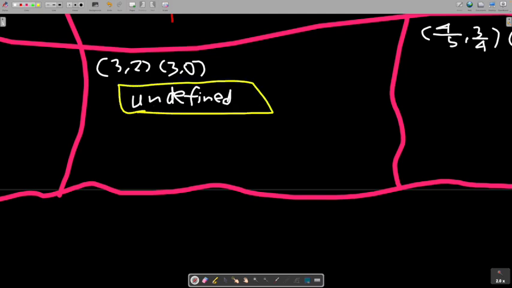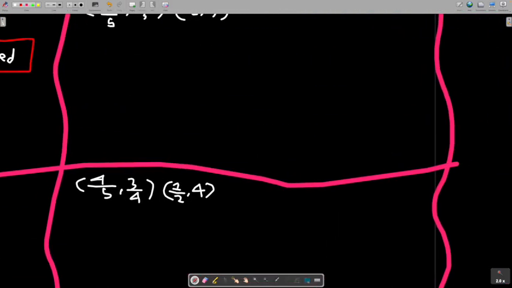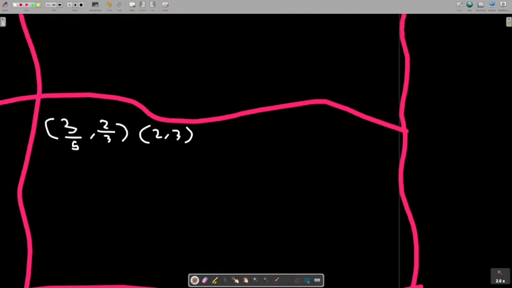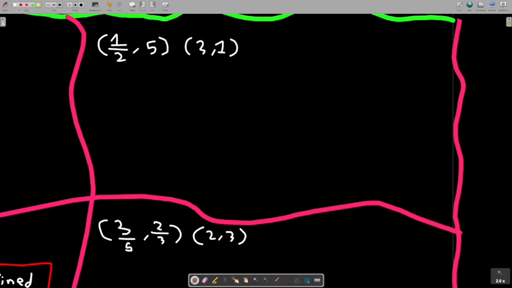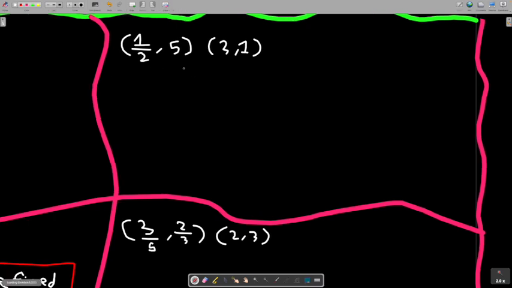So undefined. Alright, this is the tricky part of the lesson with the fractions. So (1/2, 5) and (3, 1). So let's identify each number. So this is x1, this is y1, this is x2, and this is y2.